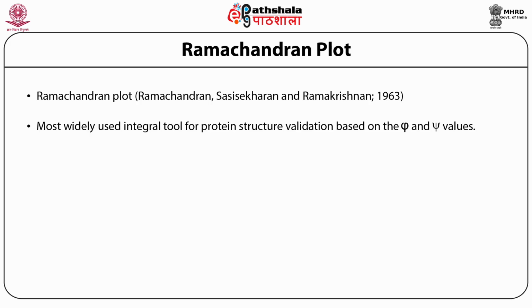If some amino acids occur in disallowed regions, then the electron density map has to be checked to see whether the backbone or side chain atoms of the amino acid residues lie outside the electron density contours. If so, they have to be remodeled so that these atoms always lie within the electron density contour for all possible rotations.